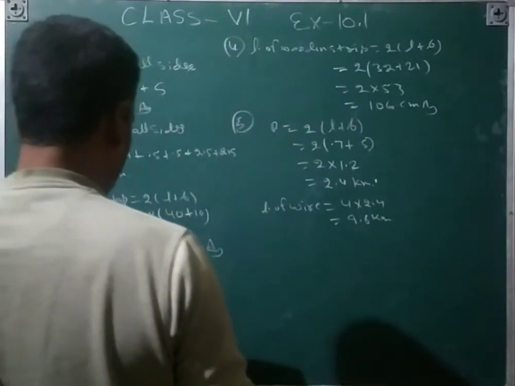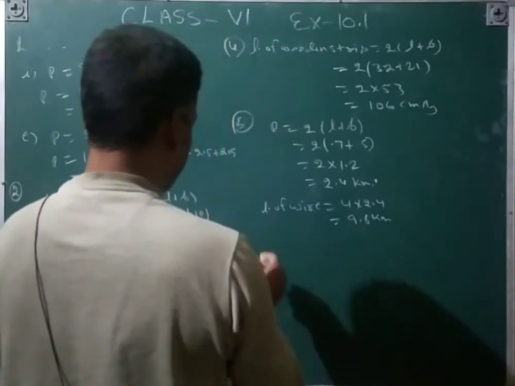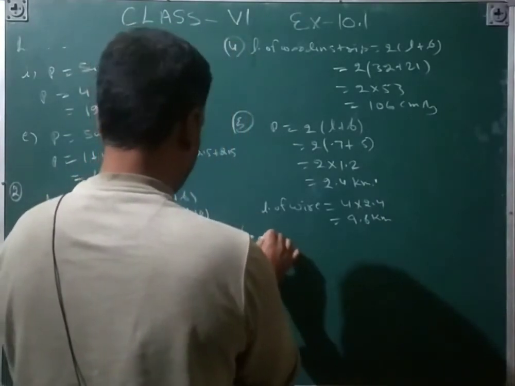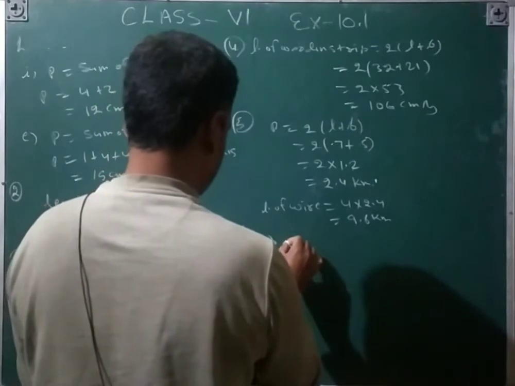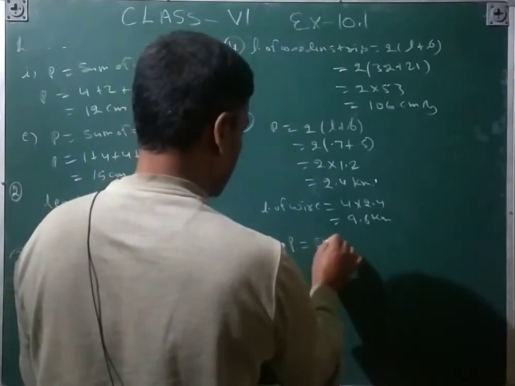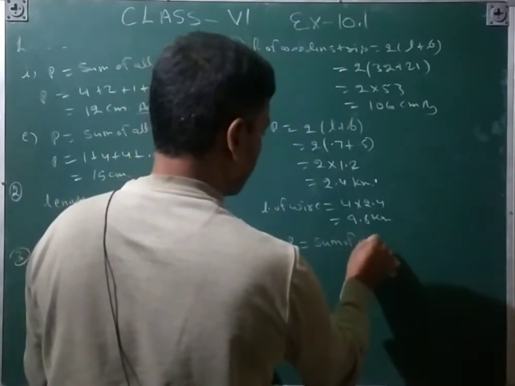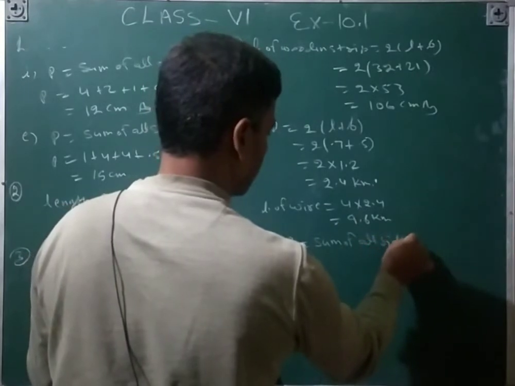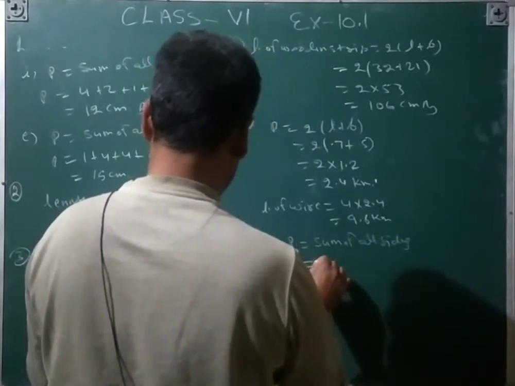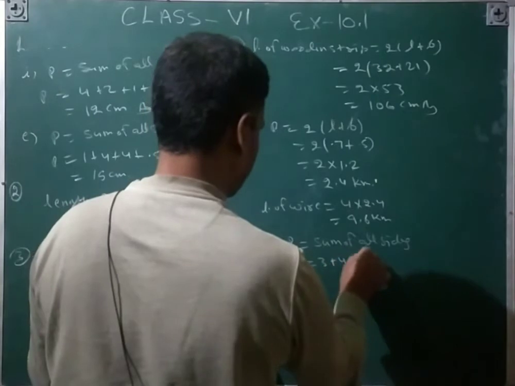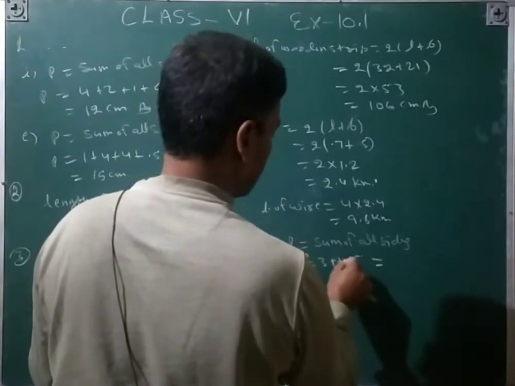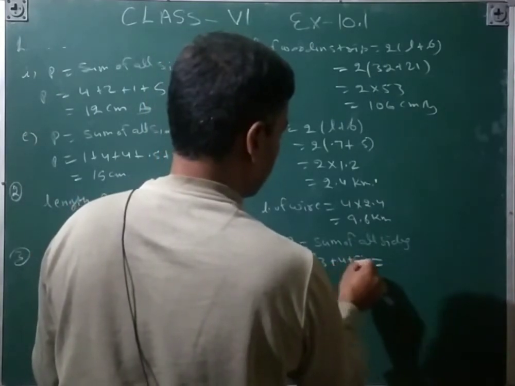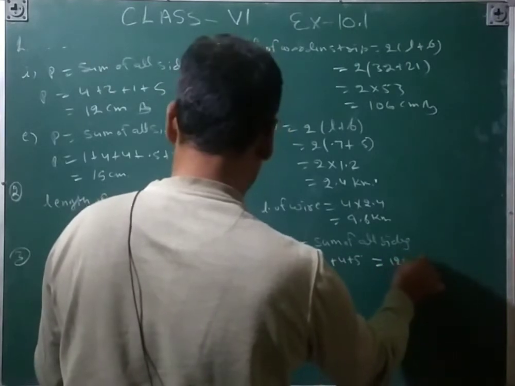9.6. Find the perimeter of each of the shapes, question 6. A part: perimeter is equal to the sum of all sides, 3 plus 4 plus 5, which is 12 centimeter.